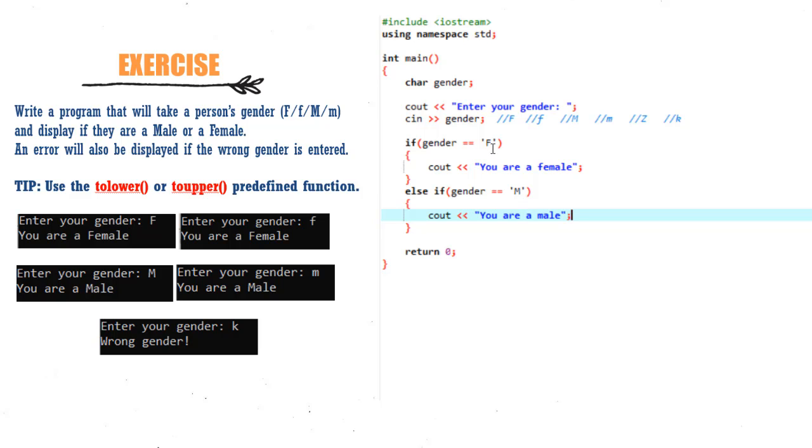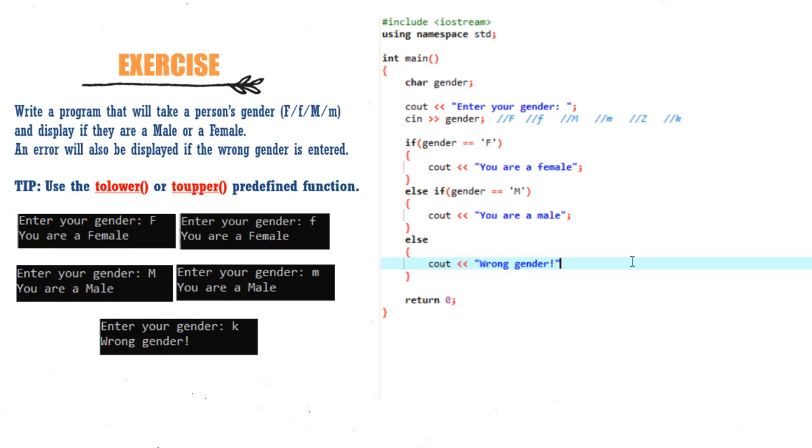So this is for F and M. But if the user enters the wrong letter, like Z or K, we do else, and it will display wrong gender.